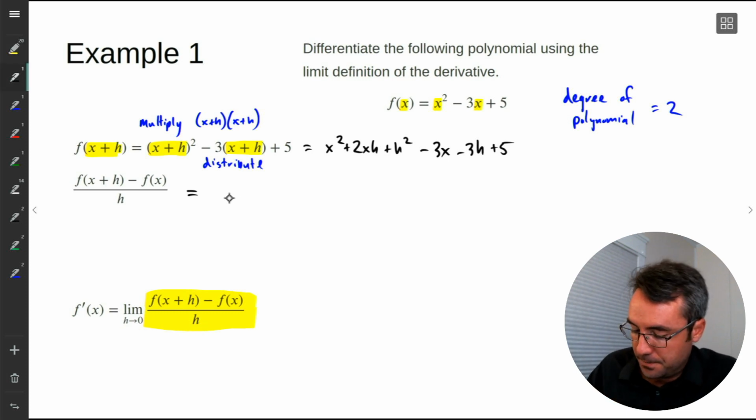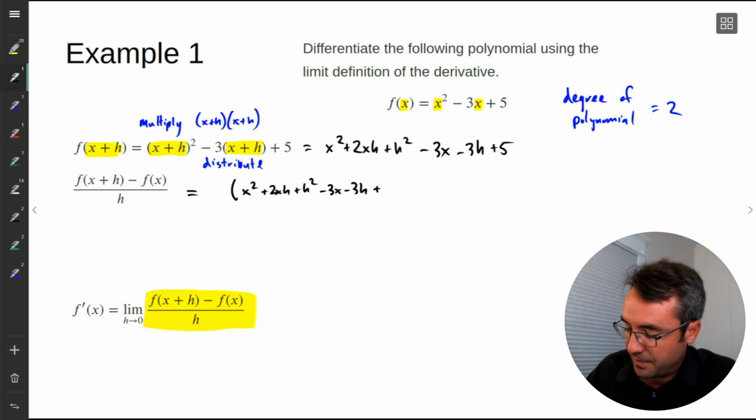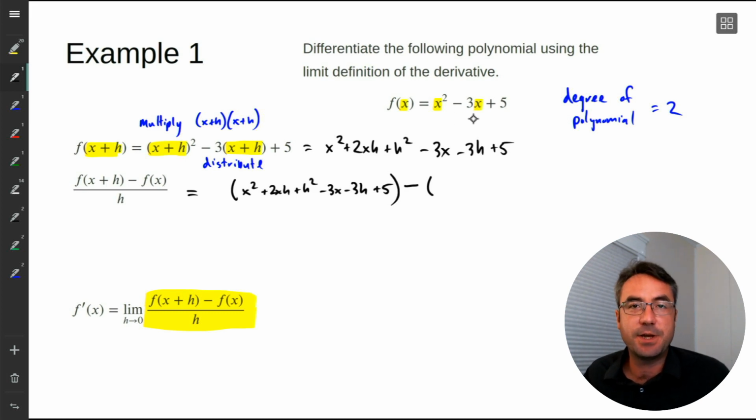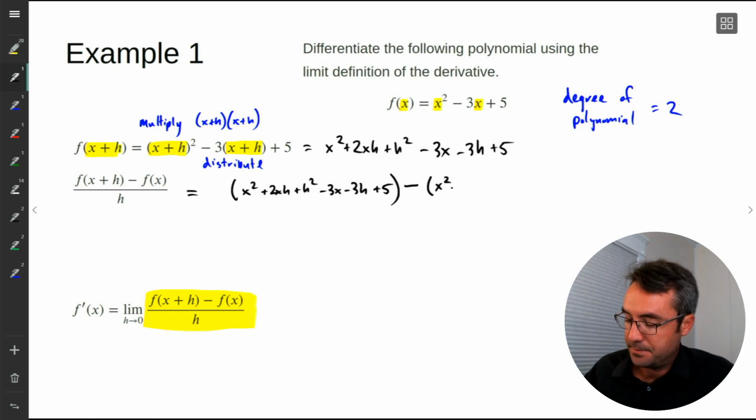We're going to have x squared plus 2xh plus h squared minus 3x minus 3h plus 5. I'm going to put that whole thing inside a nice big set of parentheses. Then we have subtraction, and then our original function that we're subtracting off. So our original function is x squared minus 3x plus 5. Let's put that there.